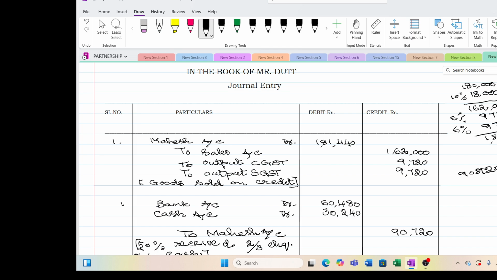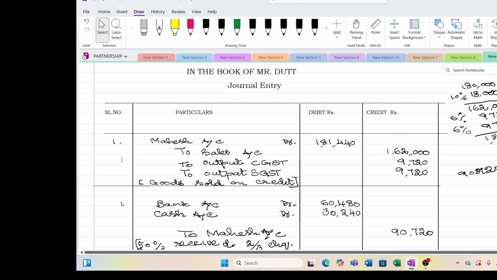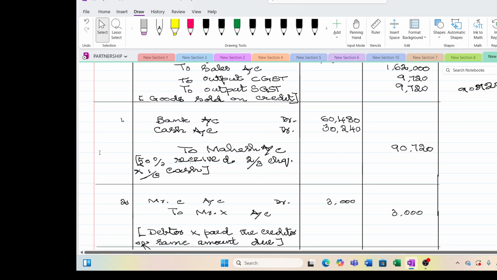Two-thirds of this amount is received as cheque. So this is deposited into bank. We assume that it is deposited into bank. That comes to 60,480, and one-third that person has paid in cash. So we will be crediting Mahesh account for 90,720. Hope this is clear to you.